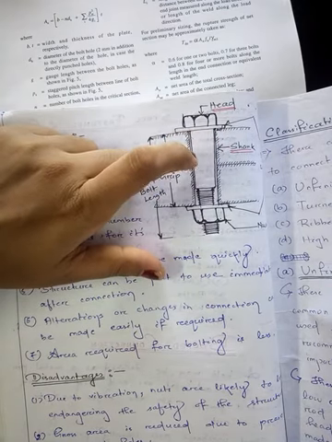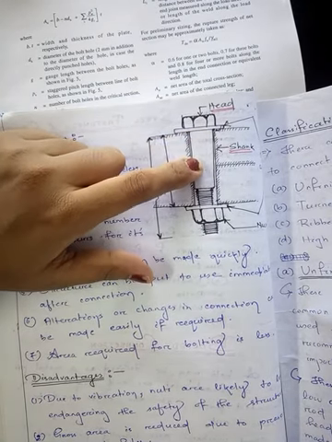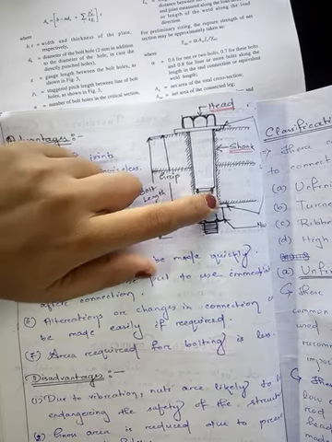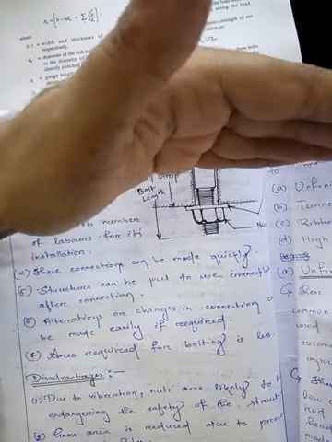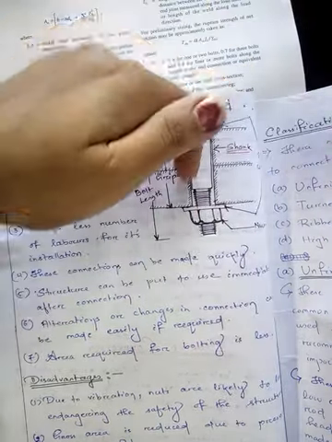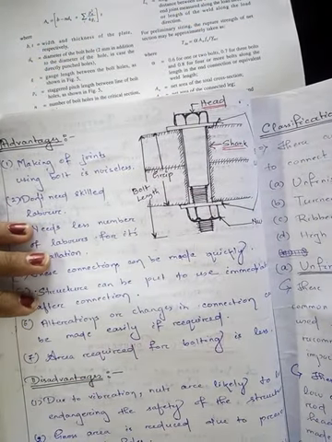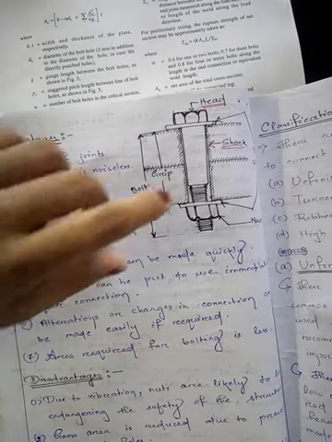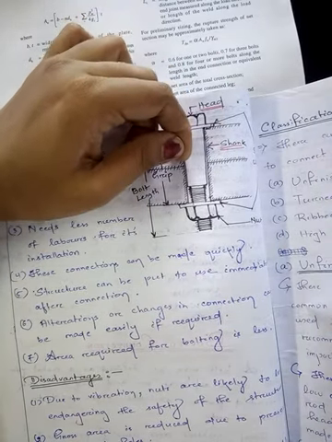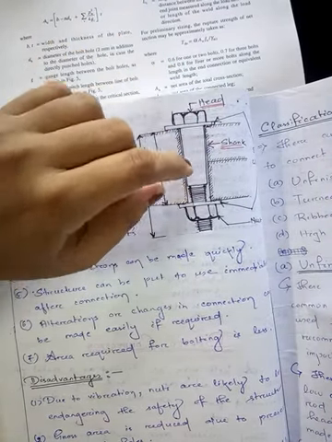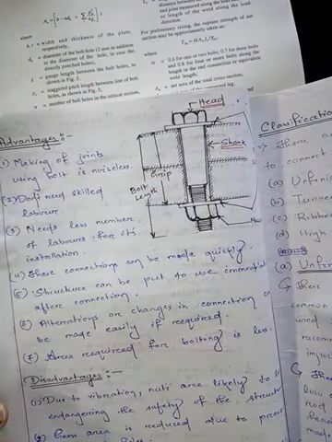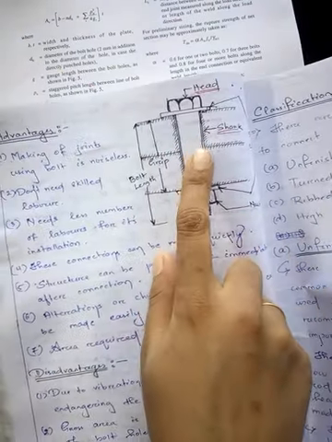ASB means this area of shank and ANB means area of this thread. So if I take a cross section and I see from the top, then this will give me a circle. And what is the area of a circle? Area of circle is pi by 4 d square. So this shank has an area of pi by 4 d square, diameter of this shank. Pi by 4 d square is the area of this shank.